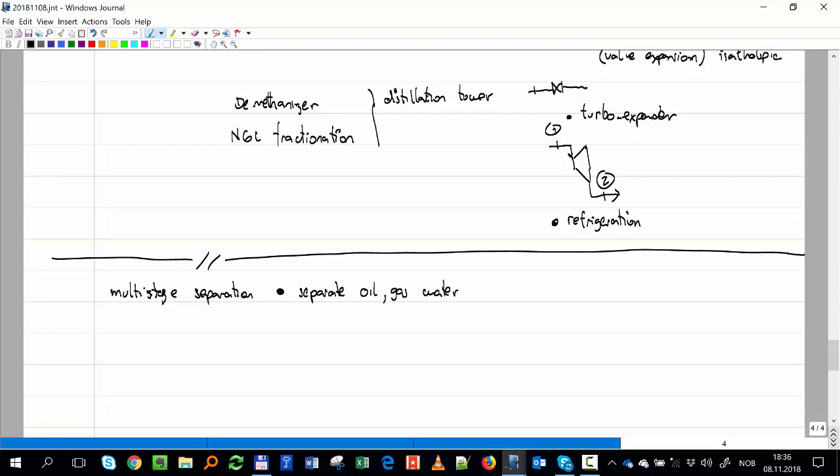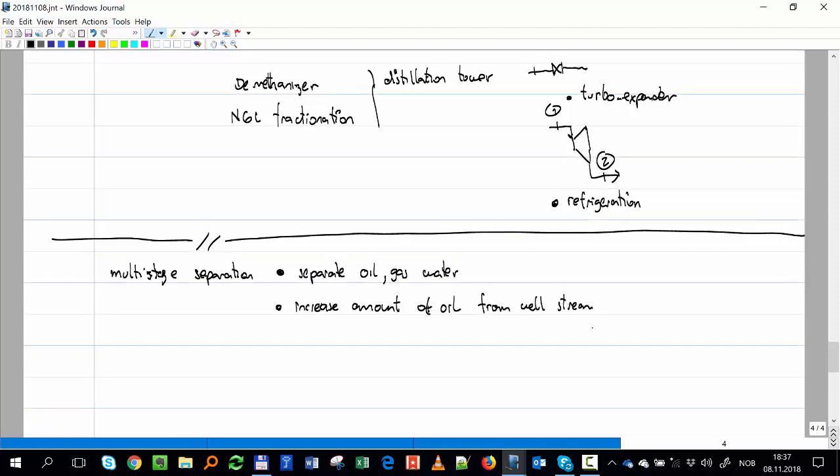That's the main purpose. Now, a secondary purpose that people don't talk too much about is to increase the amount of oil that you get from the well stream. And we are going to talk about it in a while.